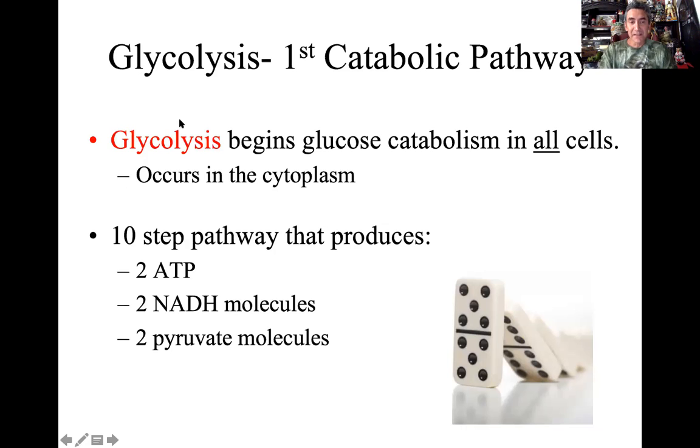So glycolysis is not necessarily one thing. It's a pathway, but it's made up of 10 individual reactions where we start with glucose in the cytoplasm of all cells, and we generate 2 ATPs, 2 NADH, and 2 pyruvates from one glucose molecule. So that's the what. Again, the what is pretty easy to memorize. The how gets a little bit more intricate here.